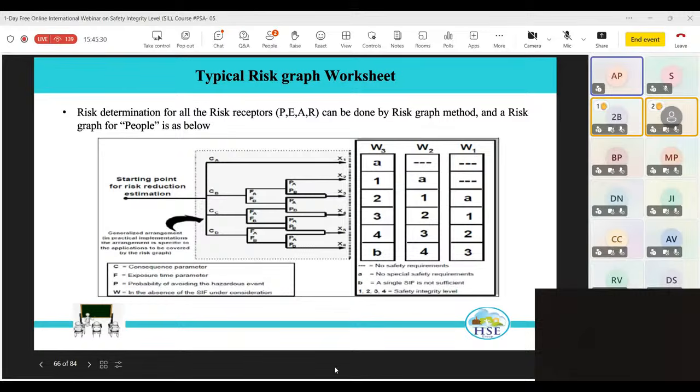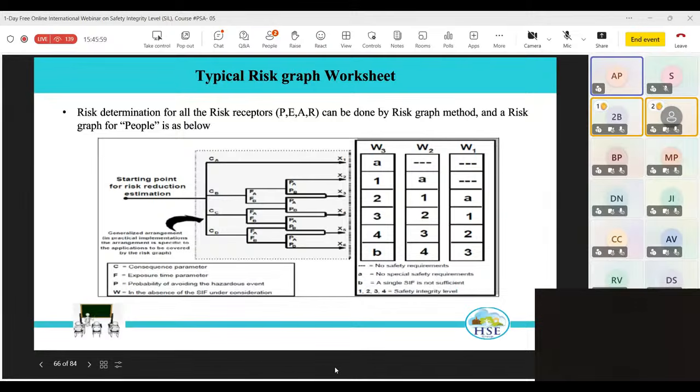So there are two drawbacks of this risk graph method. First, you cannot take credit for the existing safeguards. Secondly, you do not end up with any number, whether the risk reduction factor is 100 or 30 or 50.